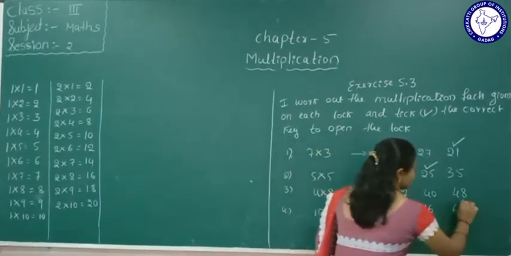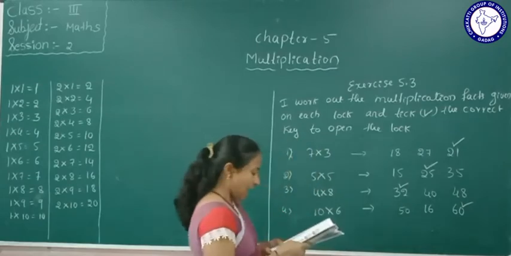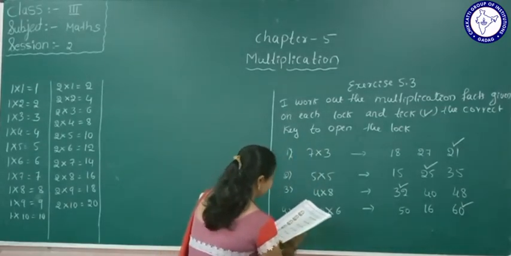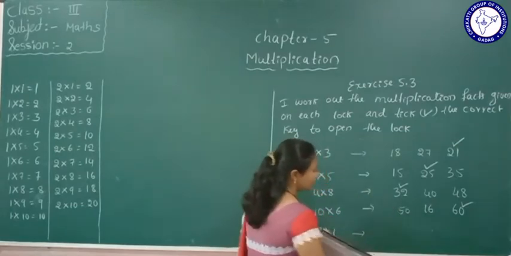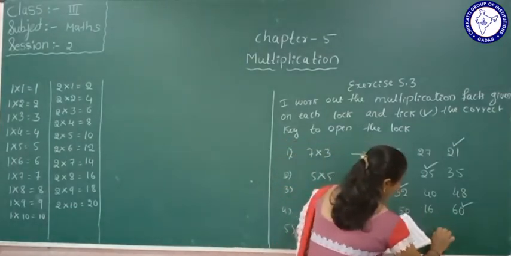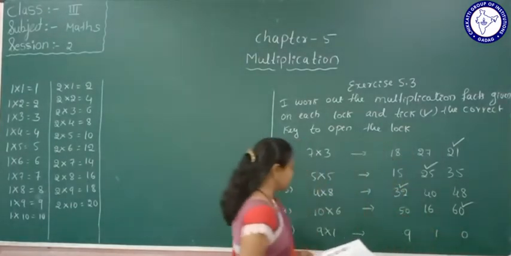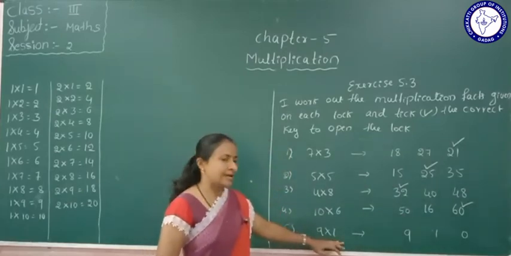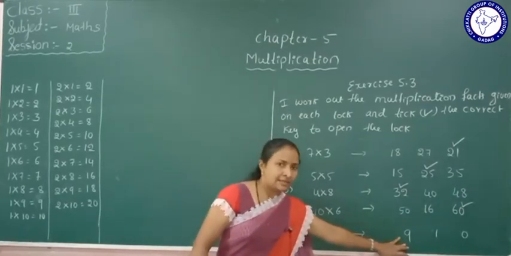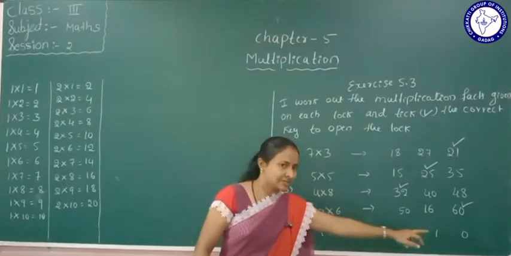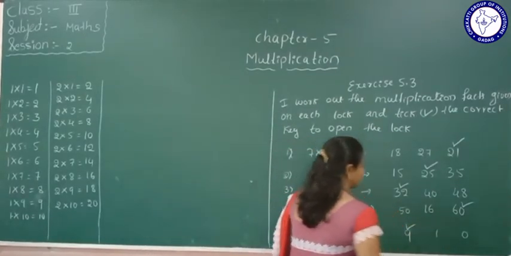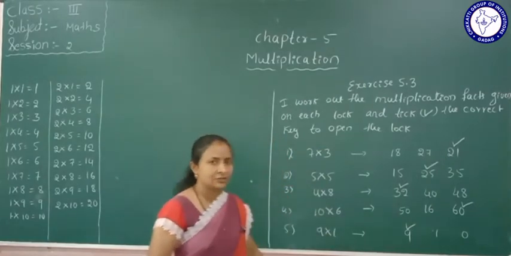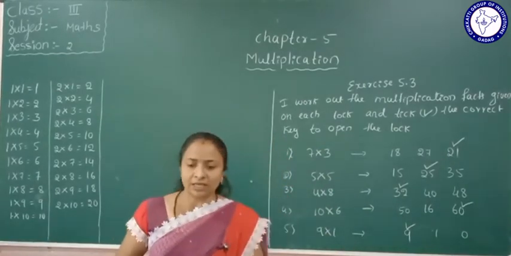Next one, fifth one, 9 into 1: 9, 1, 0. 9 into 1 means 9 ones are 9. Are 9 ones 1 or 0? No, 9 ones are 9 only. So I'll do the right mark on 9. Understood this one? Yes. So we can go on.